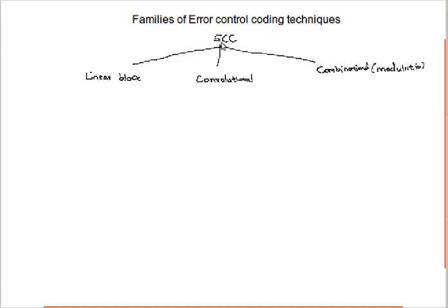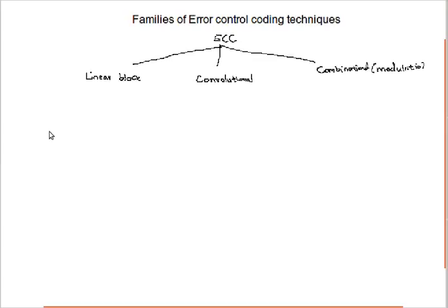In general, error control codes are subdivided into three families. The first is called linear block codes, the second is called convolutional codes, and the third is concatenated codes.